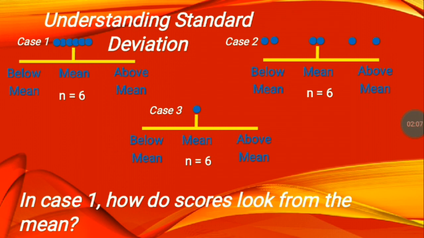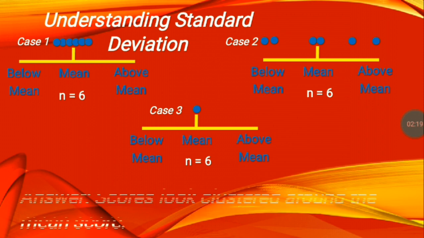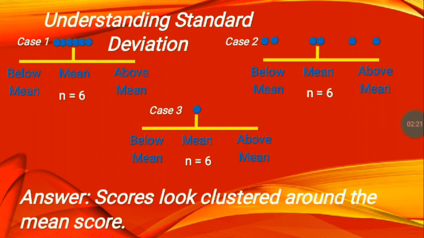We have the mean in the middle, and the 6 dots correspond to the scores. So in case number 1, how do scores look from the mean? We could say that the scores look clustered around the mean score.